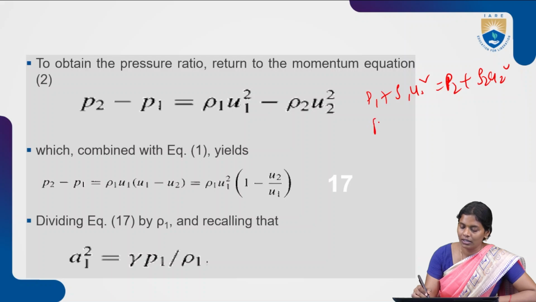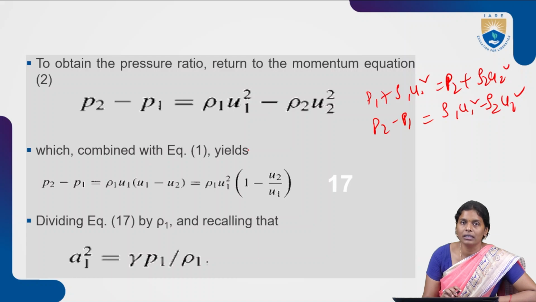So from here we can write P2 minus P1 equal to rho 1 u1 square minus rho 2 u2 square, which combines with equation 1 to yield, further, rho 1 u1 if we take out, P2 minus P1 equal to rho 1 u1 into u1 minus u2.